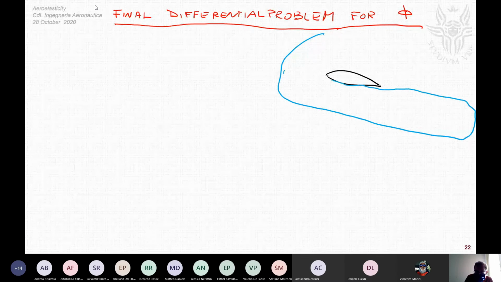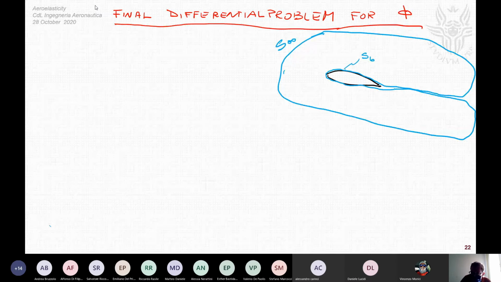At limit, please consider this at limit. And we have this. And this is S at infinity. This is S on the body.